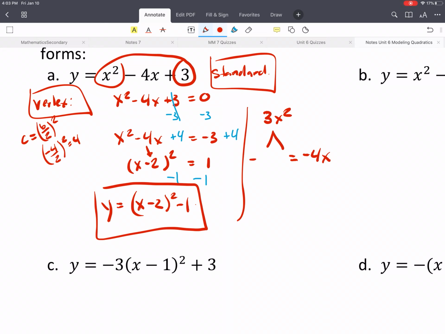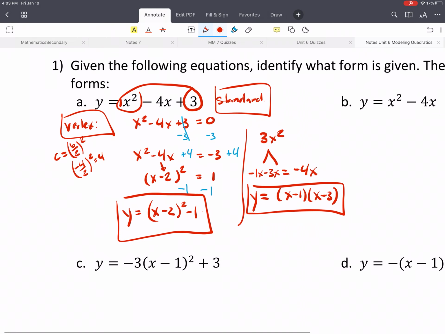We want to come up with -1x and -3x, because if you multiply those together, that gives us positive 3x squared, and if you add them, that gives us -6x. Since a is 1, the leading coefficient is 1, we can use what we called the shortcut in the last unit. So that would leave us with x minus 1 and x minus 3. Okay, and if you need more examples of this, please, again, refer to the previous videos.